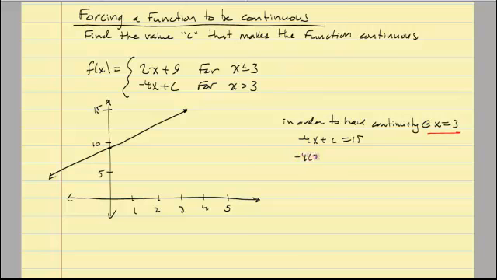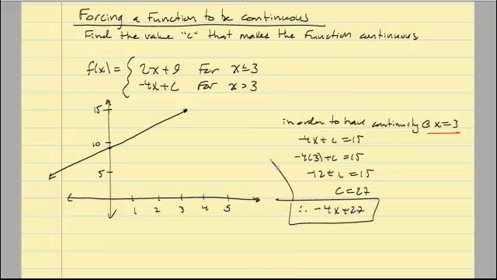So I have negative 4 times 3 plus c equals 15. Negative 12 plus c equals 15. And then, of course, adding across to both sides, I get c equals 27. Therefore, this second function has to be negative 4x plus 27. So if c is 27, I'll have continuity here.